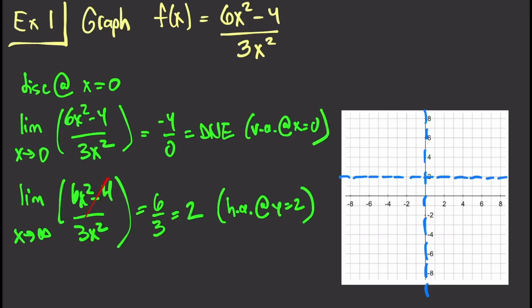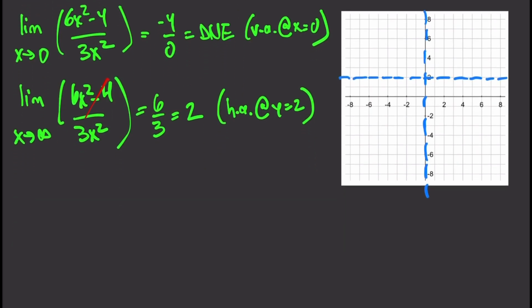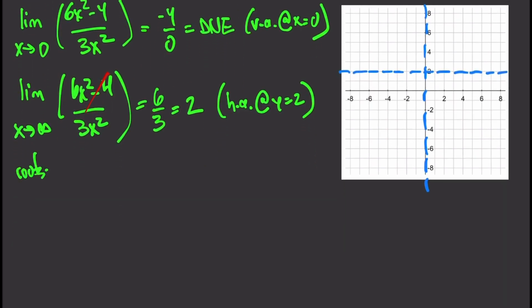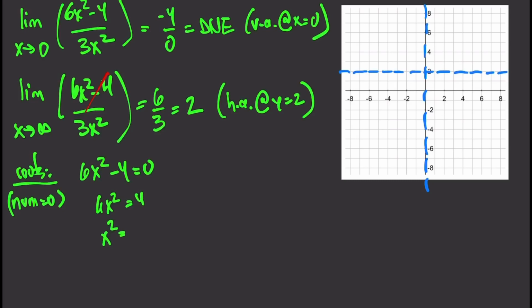Okay, so where do we go from here? Well, I like to find roots. I know there's going to be roots because notice this is not an asymptote, so I'm guessing I'm going to have some value of x here and/or here. So to find roots, if you remember, that's going to be numerator equal to 0. So my numerator is going to be 6x squared minus 4 equals 0. 6x squared equals 4. X squared equals 4 over 6.